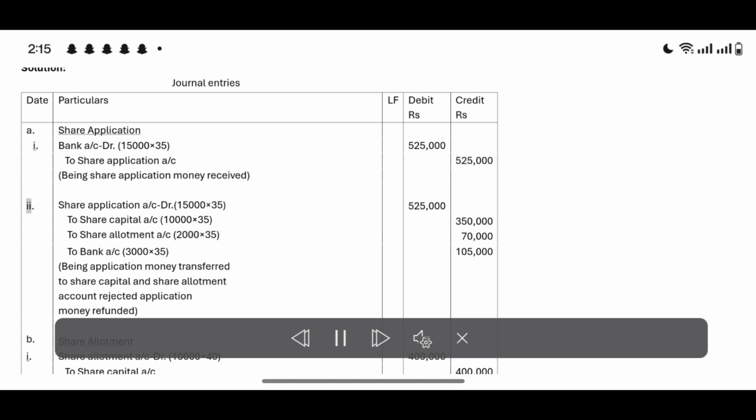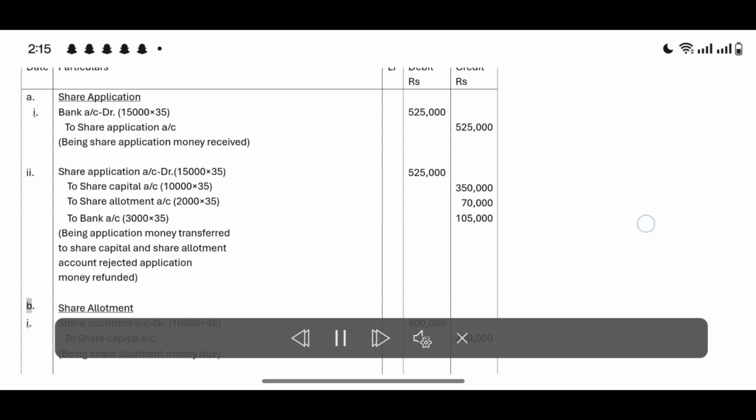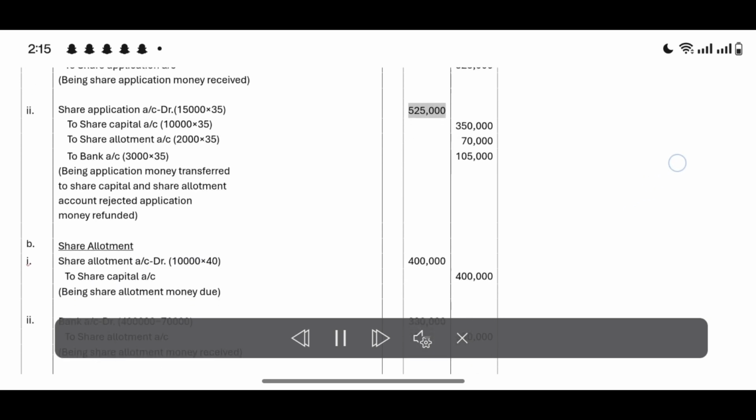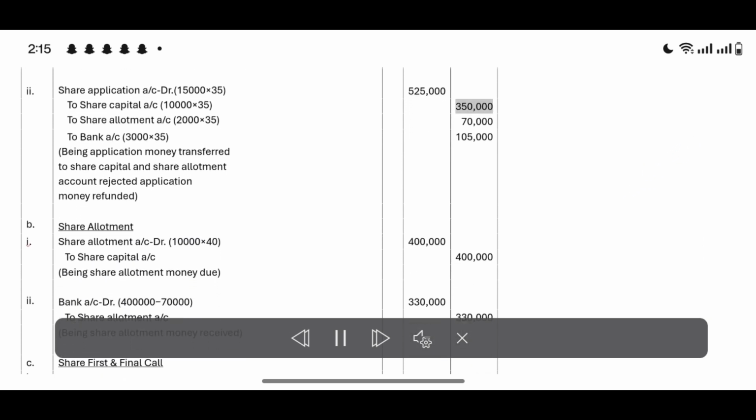525,000. 2. 525,000. 350,000. 70,000. To bank A/C, 3,000 times 35, 105,000. Being application money transferred to share capital and share allotment account, rejected application money refunded.